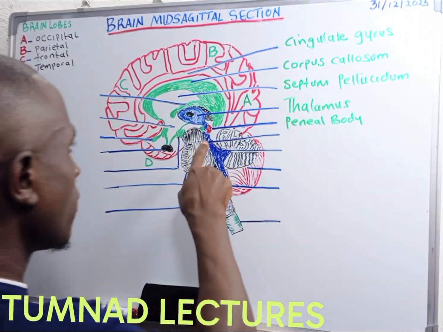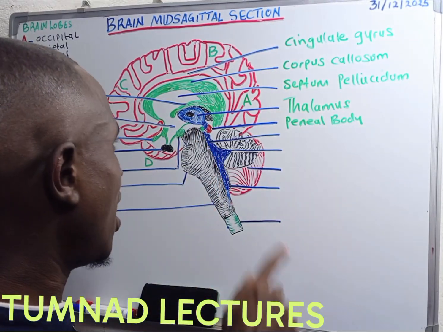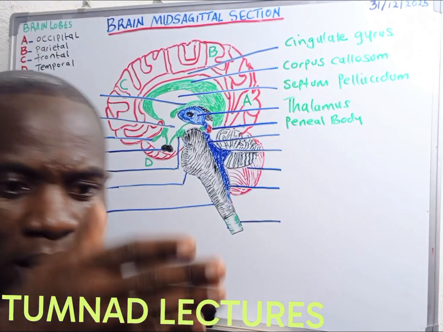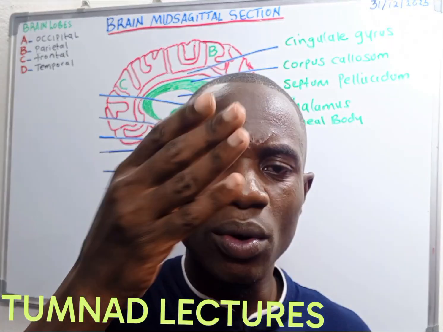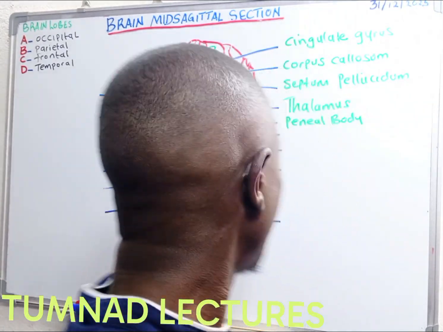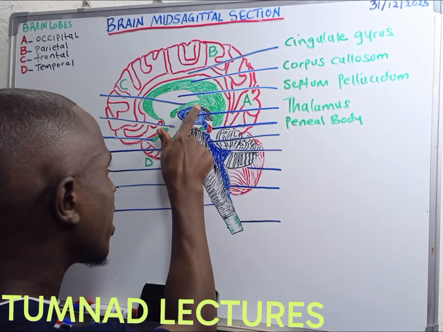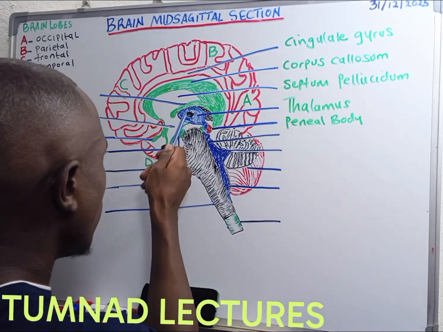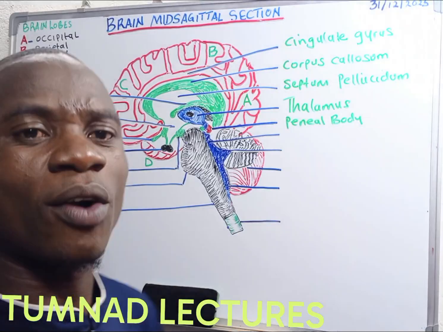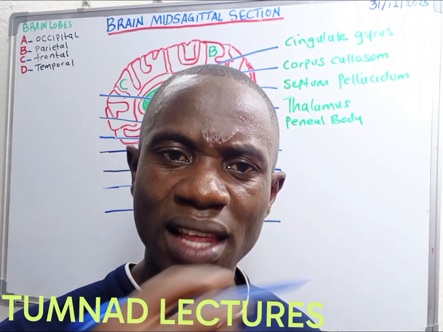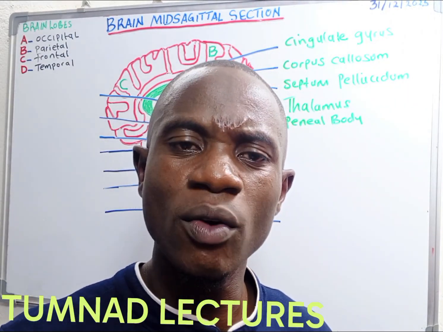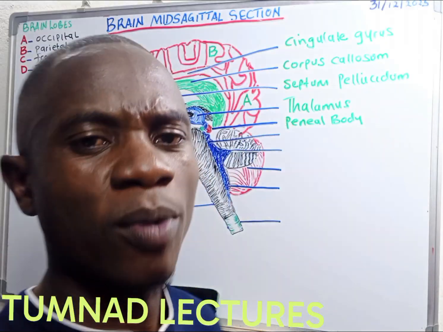Now the third ventricle is going to be secreting cerebrospinal fluid. When you see on the upper part of this structure, these dotted structures, they are the choroid plexus, which are located in the third ventricle. Okay, they are the ones responsible for the secretion of cerebrospinal fluid.